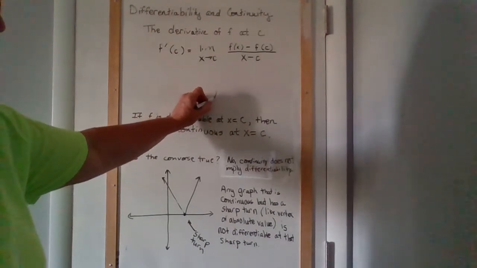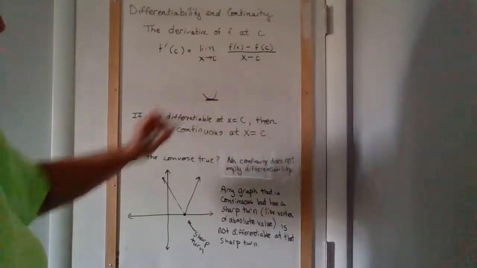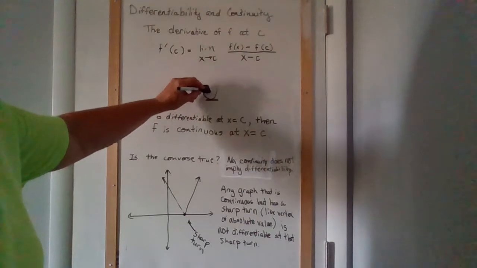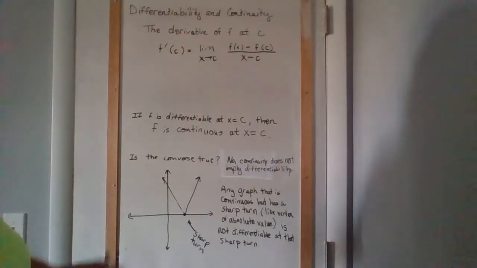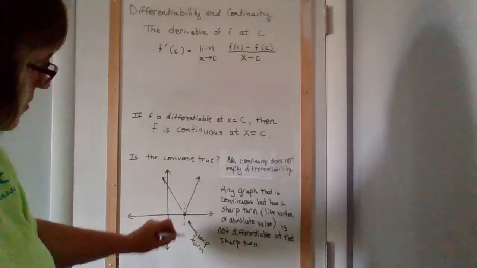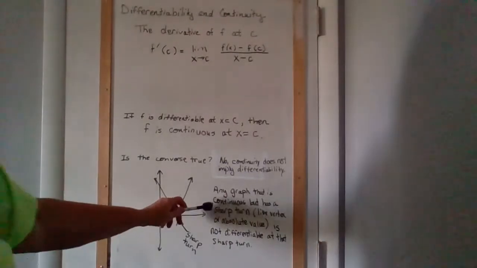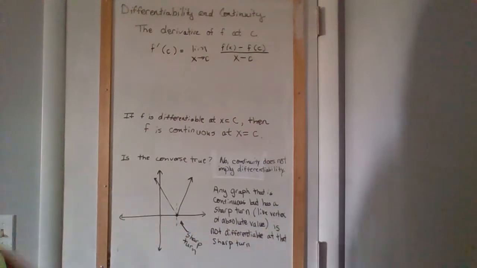If you have a parabola that's got a curve, we can look at the slope of the tangent line, which at the vertex would be a horizontal line with a slope of 0. But the tangent line to this graph is actually vertical, and vertical lines have an undefined slope. And so that happens anytime you have a sharp turn. So this would be not differentiable at that sharp turn.